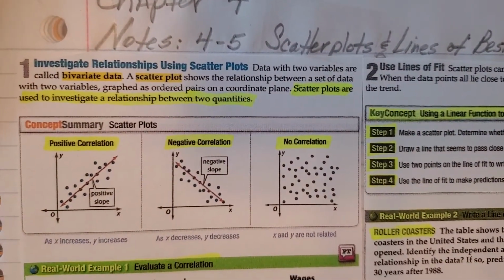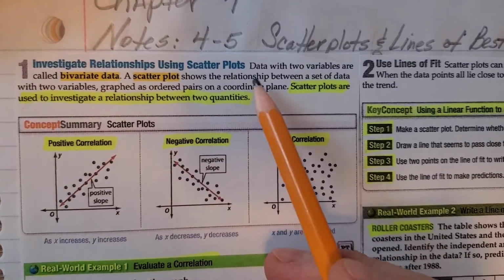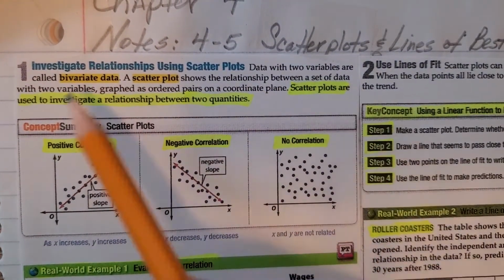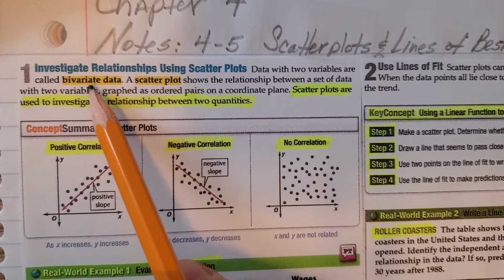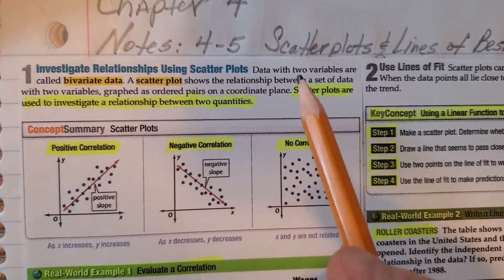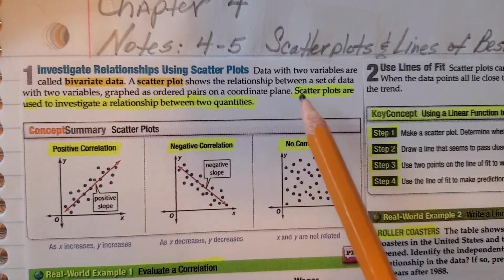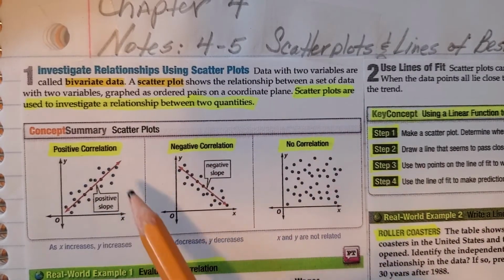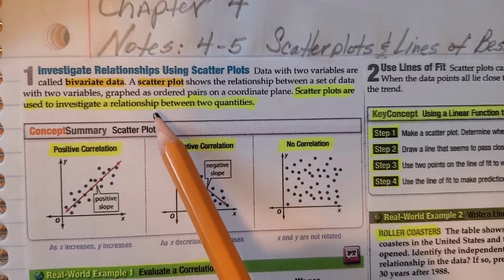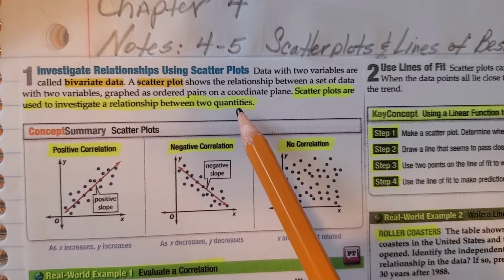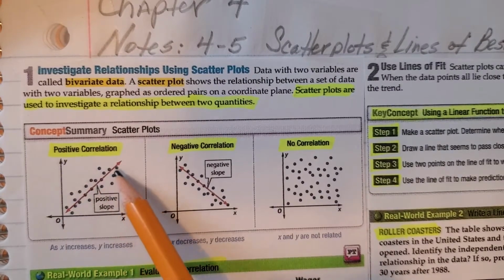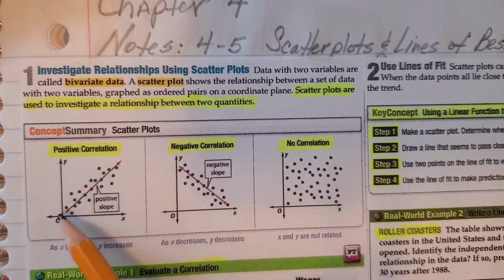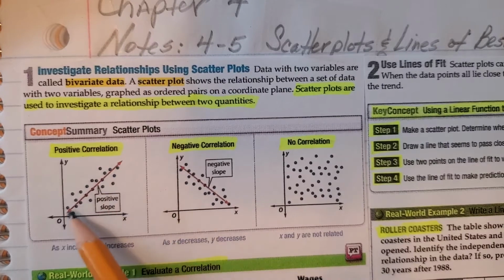On this, a scatter plot shows the relationship between a set of data with two variables, and data with two variables is called bivariate data. When we look at these scatter plots on a coordinate plane, we can investigate a relationship between the two quantities. If you have points going up, you have a positive slope, and they have to be sort of in a straight line.